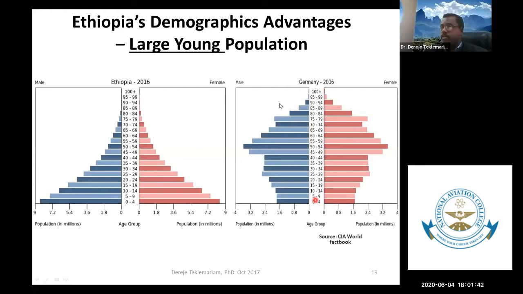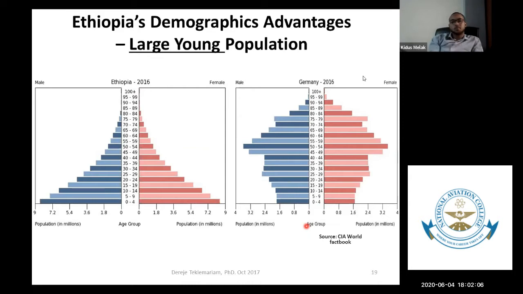So population really matters. What I am stressing is not only the number of population that the country has, but also the demographic structure that country has also really matters. So you need to consider it from this perspective. That is the interest that I have in relation to this issue.